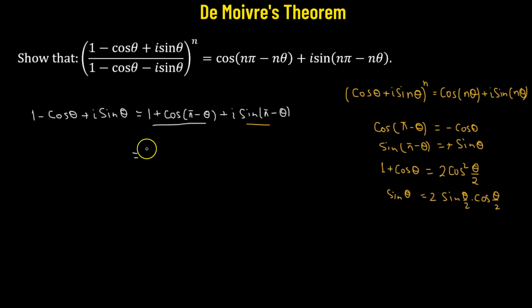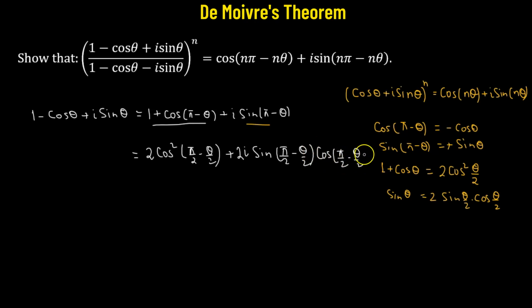This now gives us 2 times cosine squared of (pi over 2 minus theta over 2) plus iota times 2 times sine of (pi over 2 minus theta over 2) multiplied by cosine of (pi over 2 minus theta over 2).